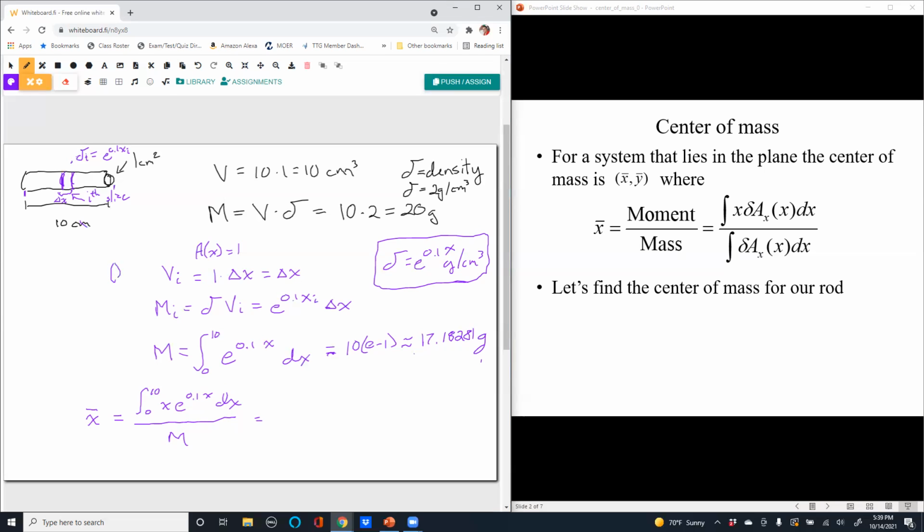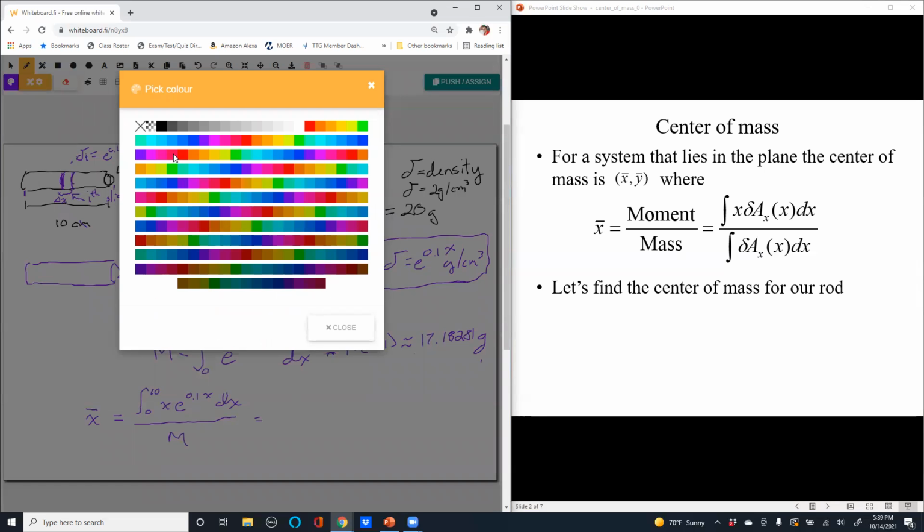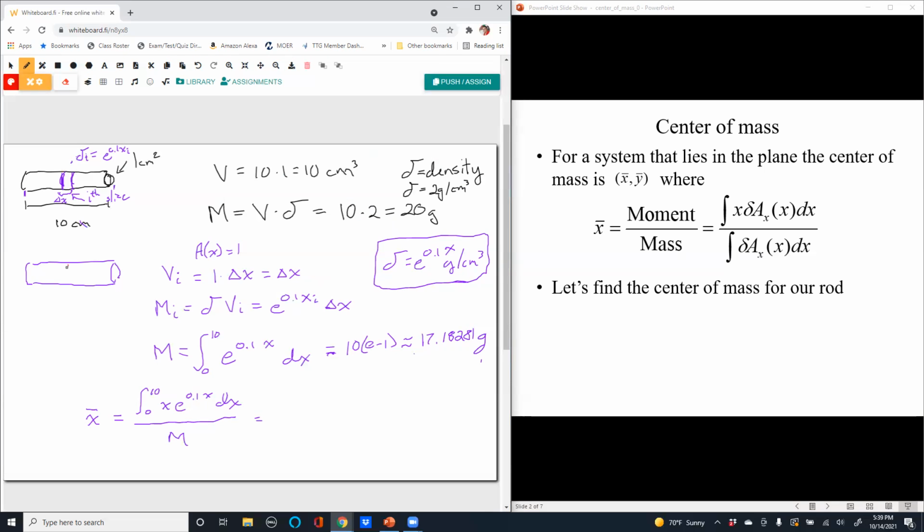So we have a rod here. Let's put in a center on this rod. That's 5. Over here is 10. Over here is 0. Okay.